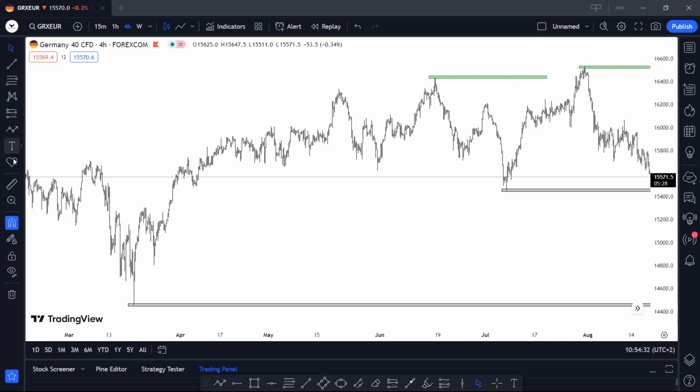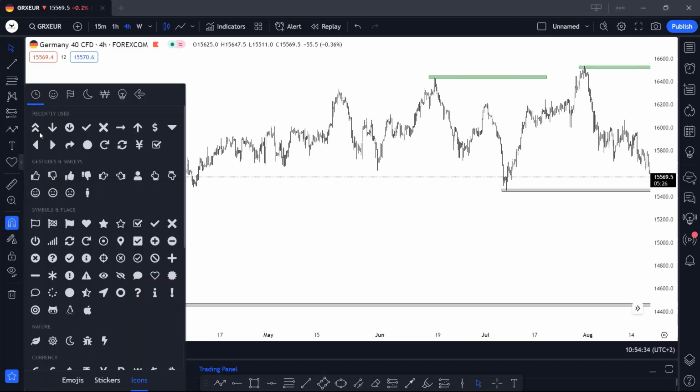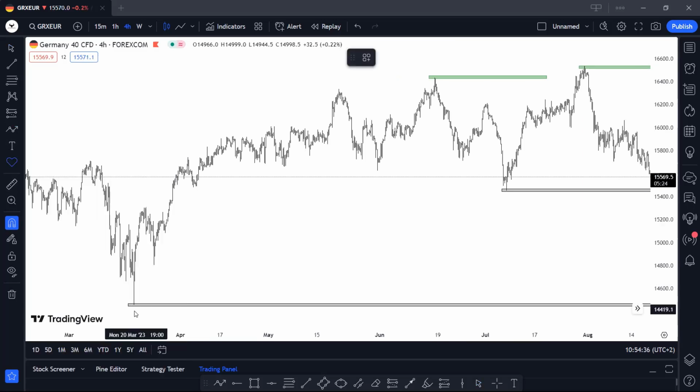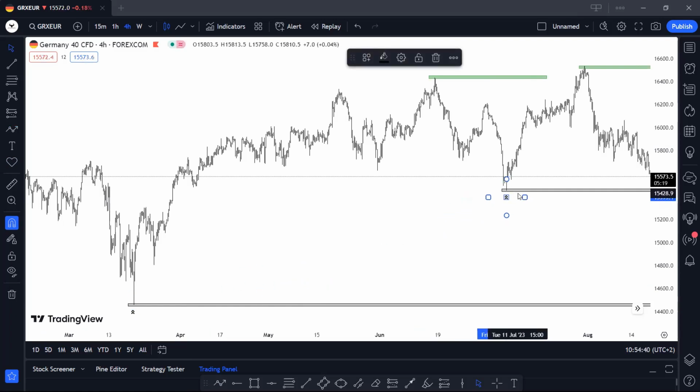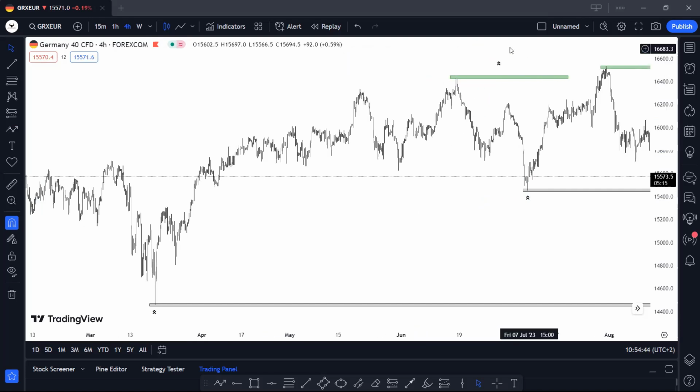So remember to use the arrows. It should be here. This will be right there.